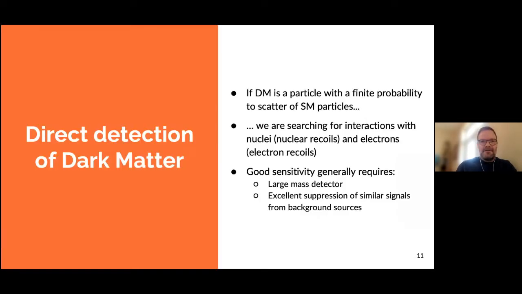Okay, more seriously now, let's move on to the techniques that I used for direct detection. What we need is a finite probability for this dark matter to scatter with our standard model particles. One thing to consider is that all the evidence we have for dark matter is basically from astrophysical or cosmological observables, and this is all based on gravity.